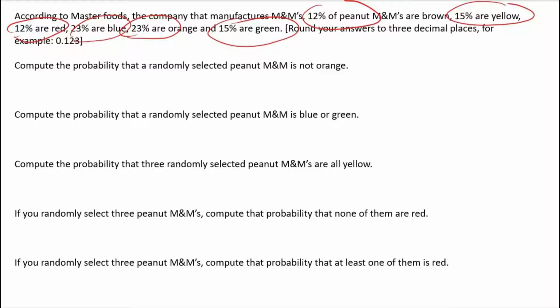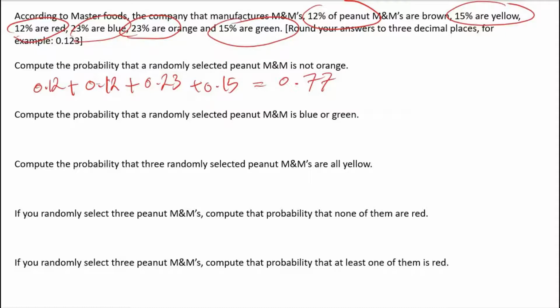An orange M&M cannot be blue or green. If it's an orange, it cannot be any other color. So we can say that is the probability of brown, 12%, or yellow, 15%, or red, 12%, or blue, 23%, or green, 15%. That will give me 77% or 0.77.